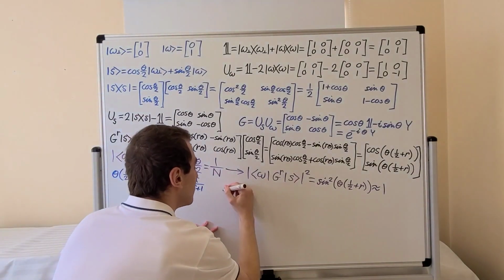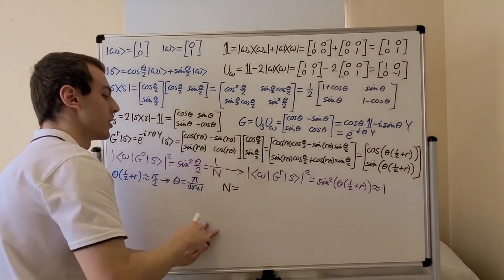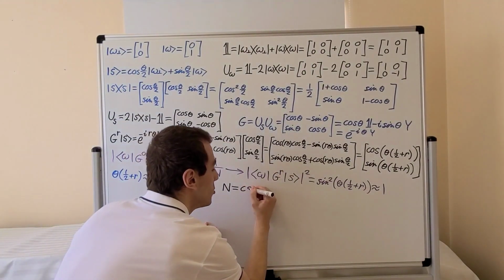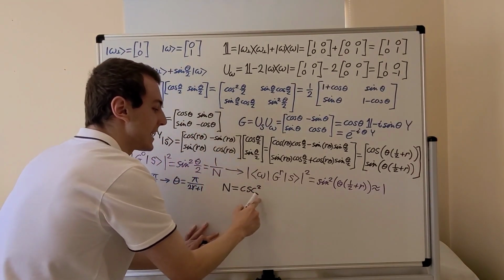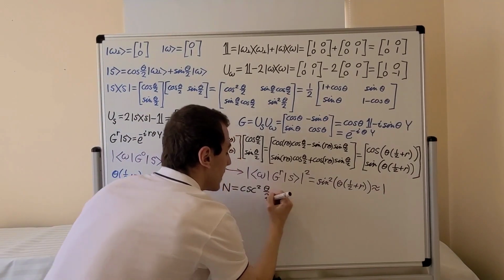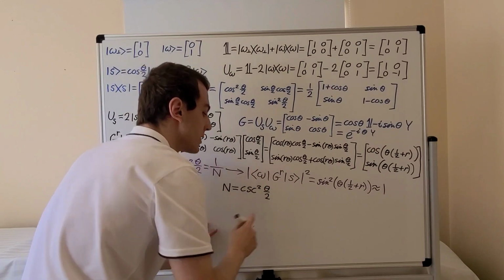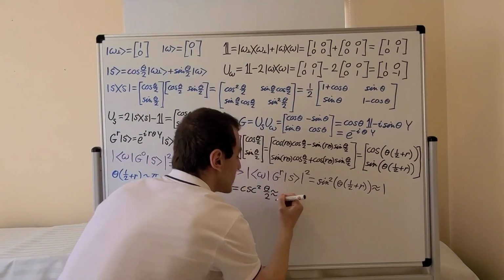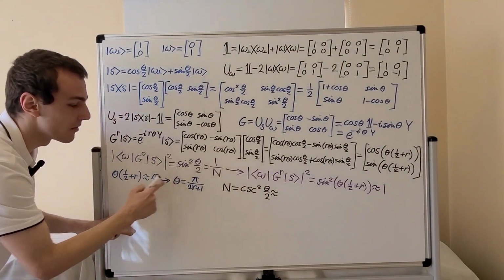So that means n is equal to the reciprocal of sine squared, which is actually the cosecant squared. We can write this in an abbreviated form, CSC, the cosecant squared of theta on 2. So this is exactly equal to this. But now what we want is an approximation. This approximation is going to come by substituting this approximate value of theta.